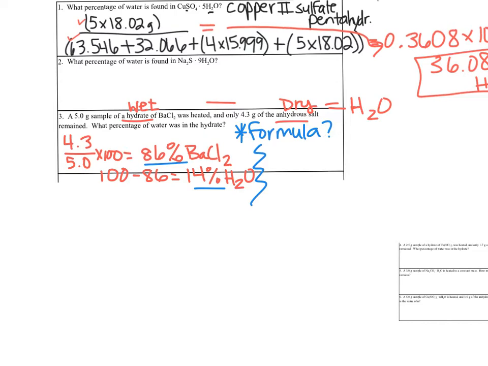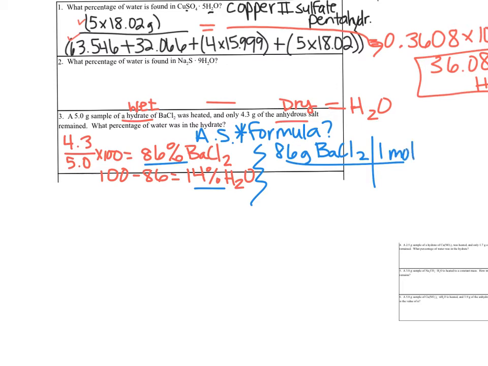So we have 86% barium chloride, so I'm just going to have 86 grams of barium chloride. In your notes today, this was who we labeled as AS, or anhydrous salt. Okay, we have 86 grams of barium chloride. We're just going to divide it by its molar mass to convert it to moles.